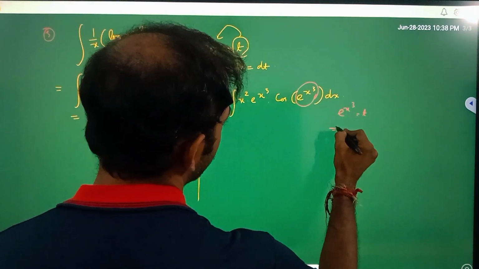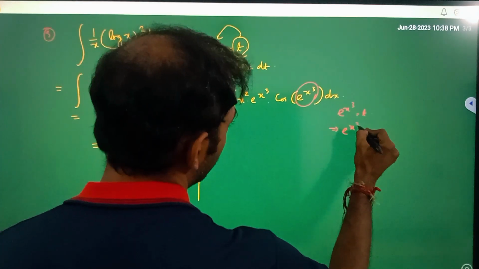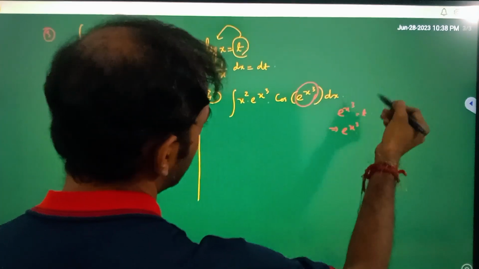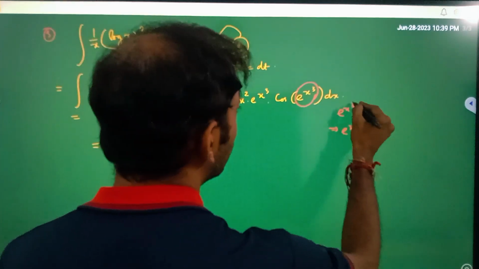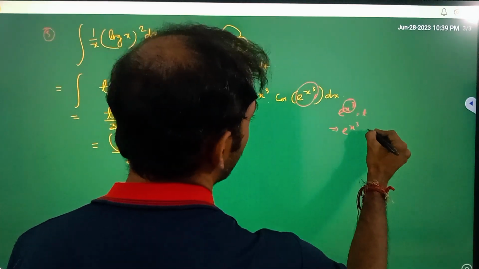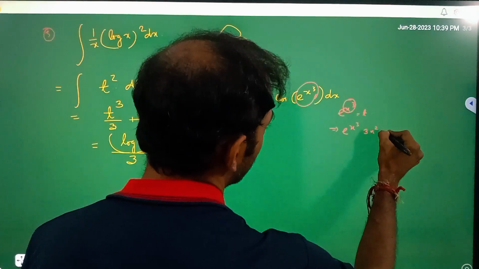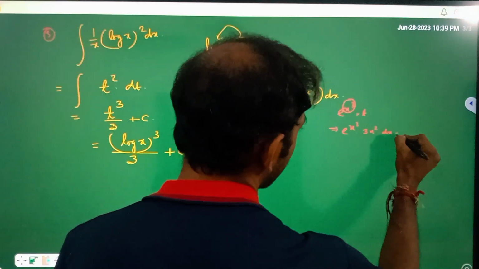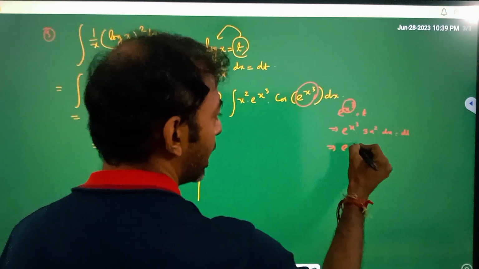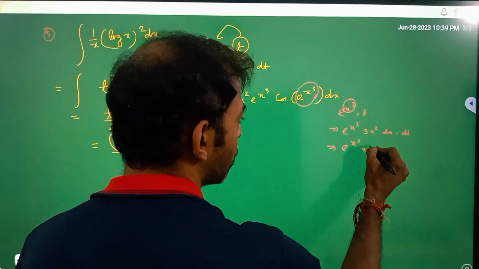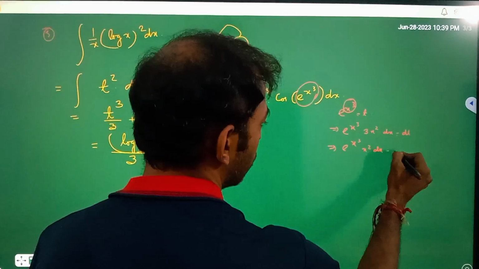So the differentiation result will be e power x cube. We all know that differentiation of e to the power something will be e to the power that part, into, after applying chain rule, differentiation of x cube will be 3x square dx, and that is equal to dt.